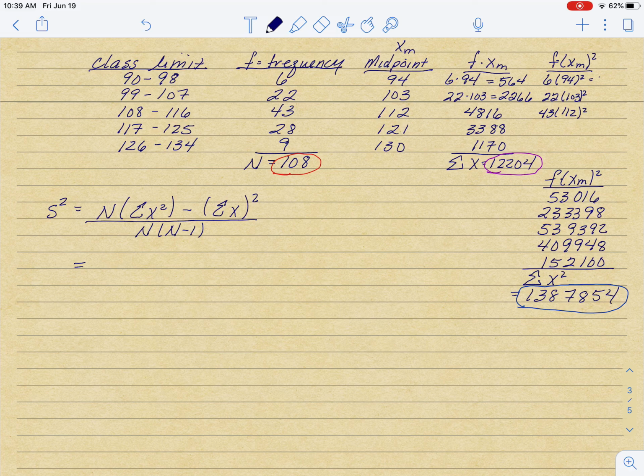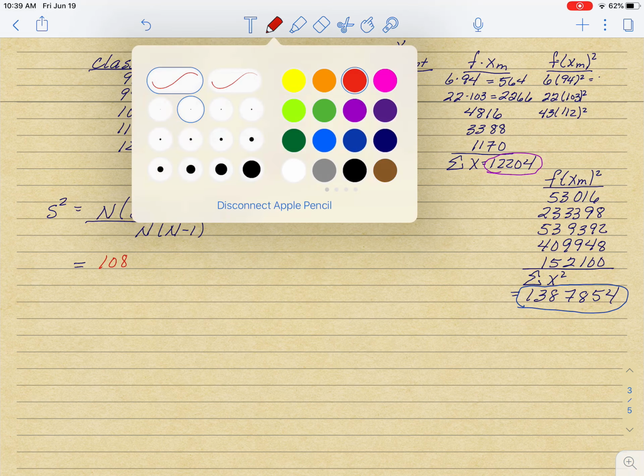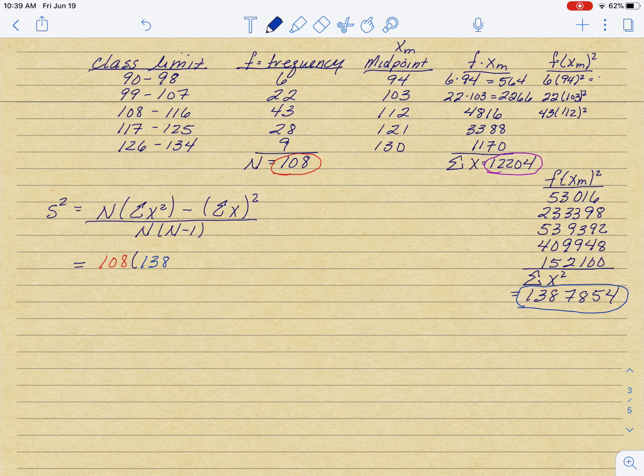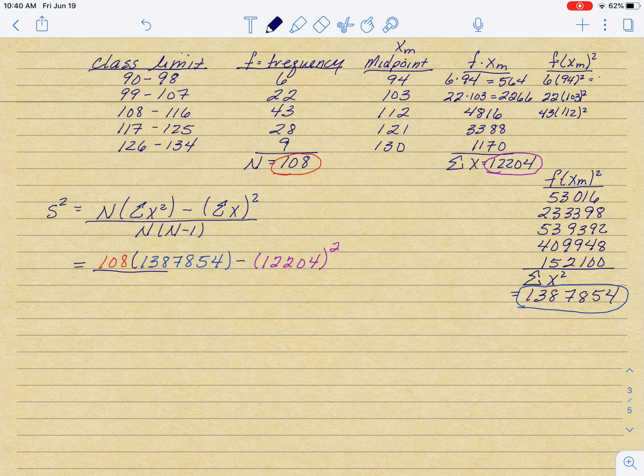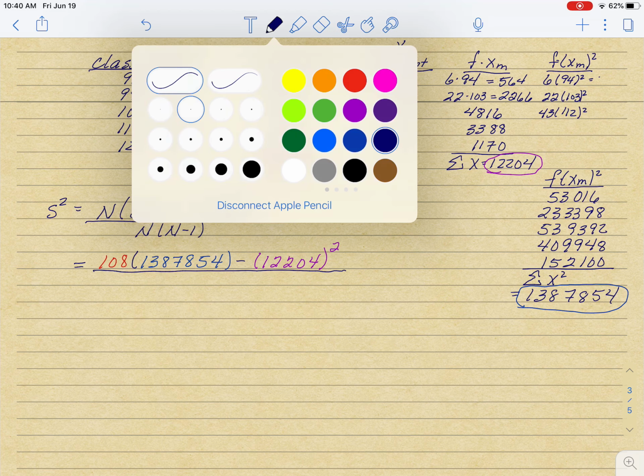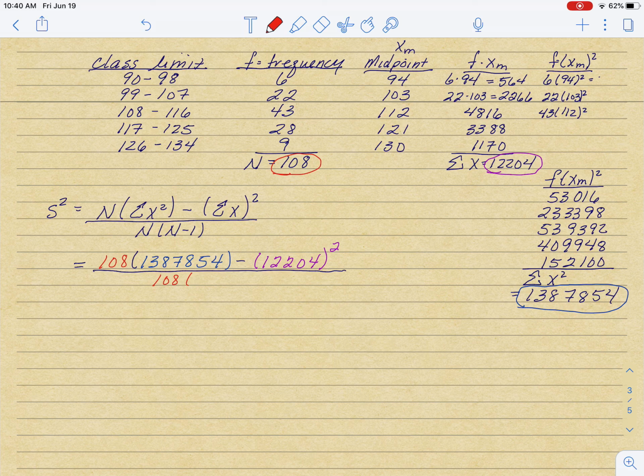So this is equal to n, which is 108, times the sum of x squared, which is this huge number, 1387854, minus this number, 12204, and I still have to square it, divided by n, which is 108, times n minus 1, which is 107. Okay, so those are where those numbers went in.